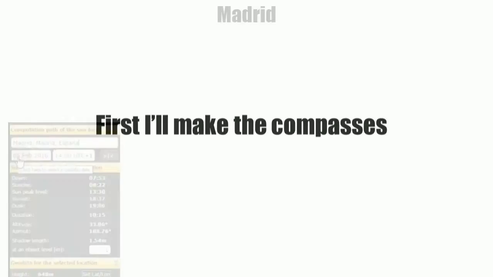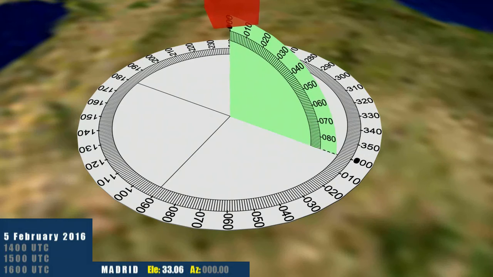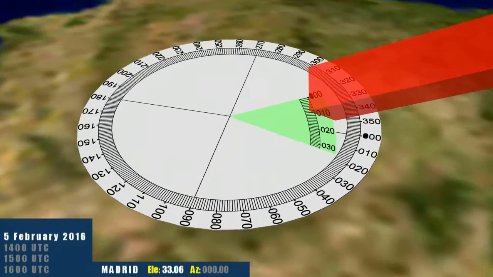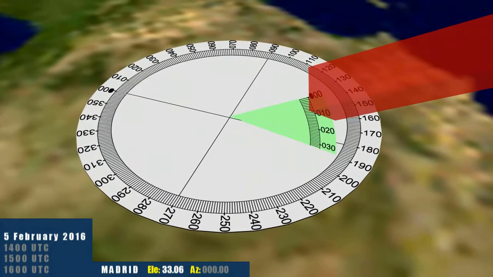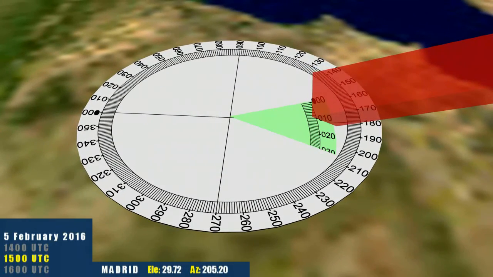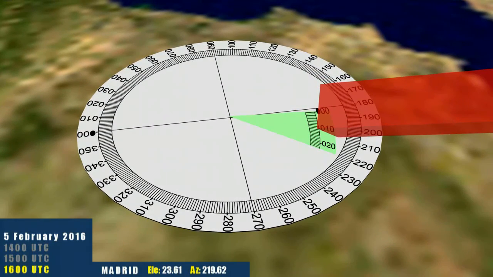So now I'm going to take those exact same models that I just used, and using the cities and times, I'll make the compasses using azimuth and altitude on all 3 cities. All these compasses you're going to see go through the motions of first going from north and 90 degrees down to their specific locations at the specific times. The green is the altitude, the white is the azimuth.